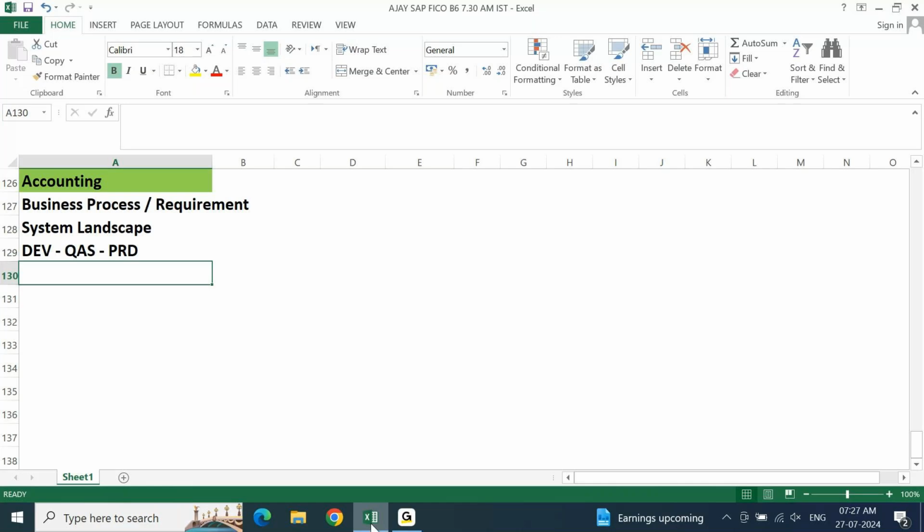Not anybody can become a consultant. That is why everybody is not becoming a consultant. The way anybody can become an end user, in a similar way, not anybody can become a consultant. Anyone can become an SAP FICO end user, in P2P side, in OTC side, in R2R side, in GL side, in reconciliation side, in BRS side, in cash application, whatsoever.